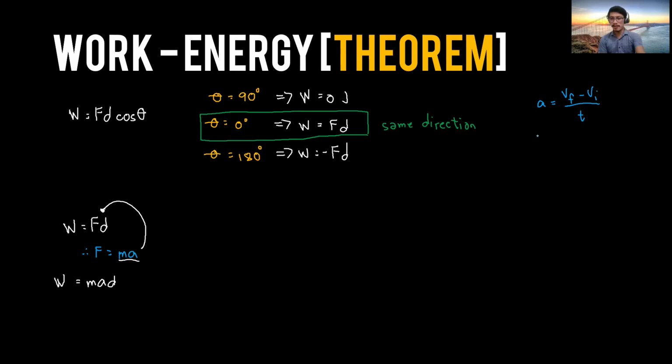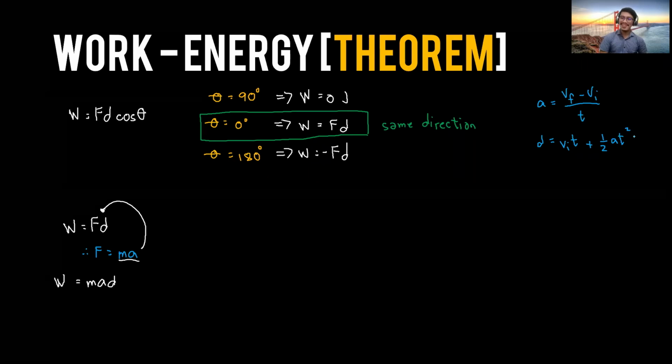We also have a formula for displacement. Displacement is equal to v_i t plus one half a t squared. At least it's familiar.